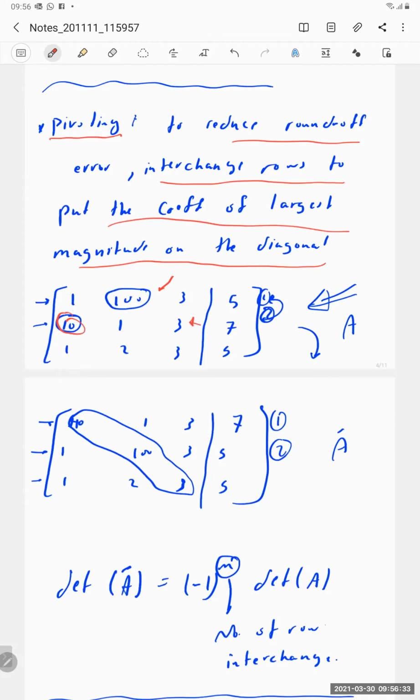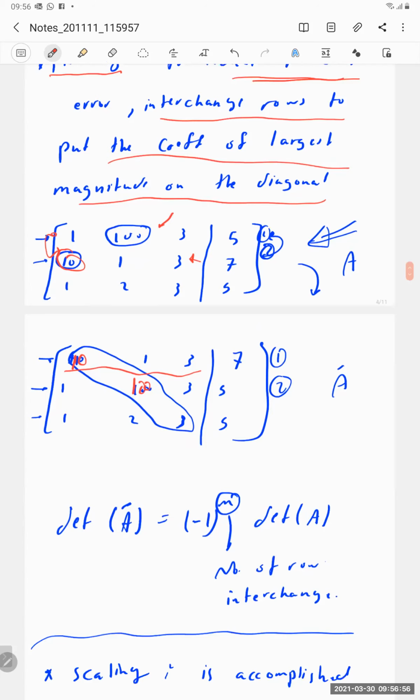So ممكن نعمل interchange the rows بحيث إنه بهذا الرو ال highest number اللي هو 10 صار على main diagonal. بهذا الرو المين أو largest number صار main diagonal and so on. ليش هذا الحكي؟ عشان نعمل reducing لل round off errors.